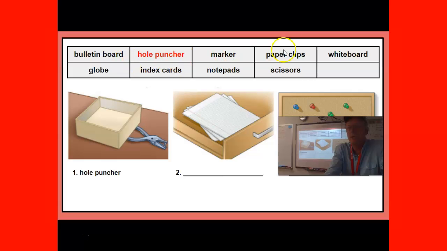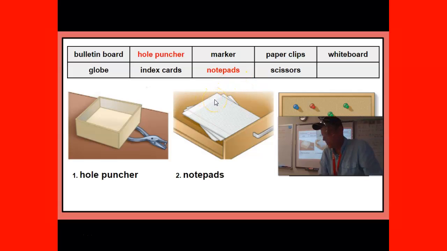Which one of these, though, is it up here? Good. Notepads. Is that singular or plural? Good. It's plural. There's more than one. Yesterday, I showed everybody a notepad, okay? It's easy to confuse all these things.